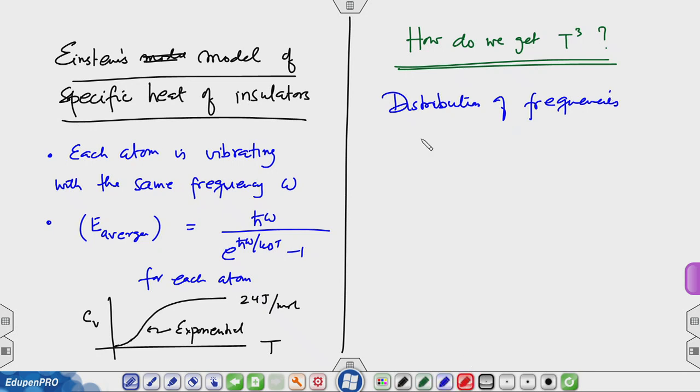So, there is a density of states, D omega, which has a value for each omega. Now, I have already asked you what is a density of states D omega for Einstein's model. Think about it, and here now we are actually going to calculate the density of states. Again, I am going to connect with black body radiation.